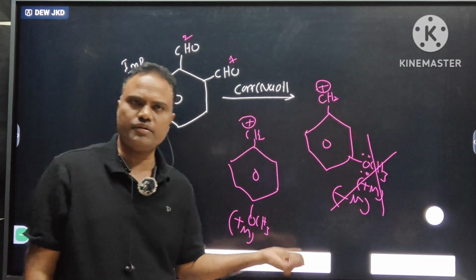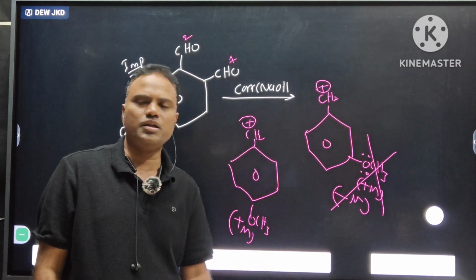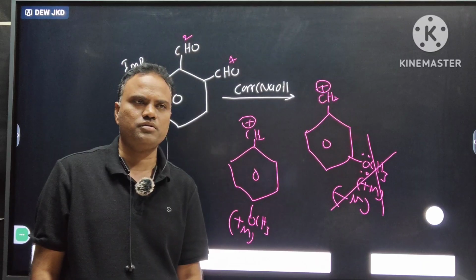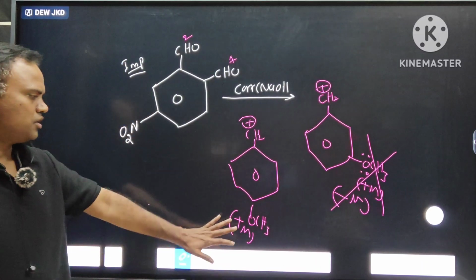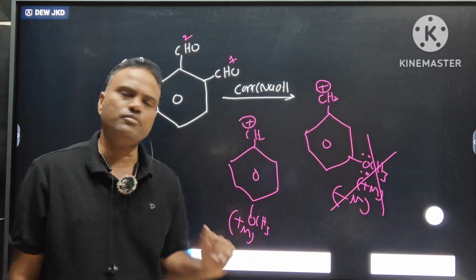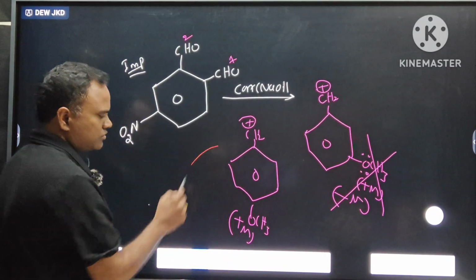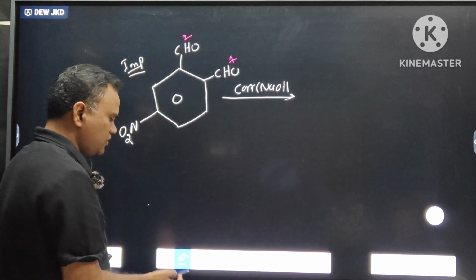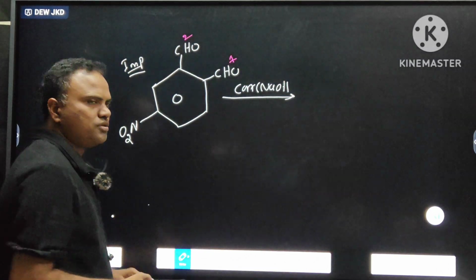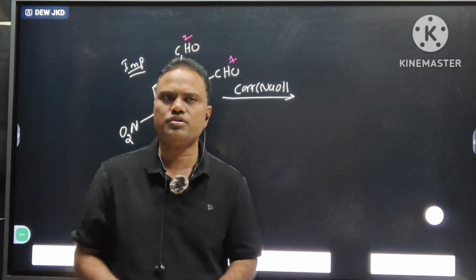In the resonance I gave this pointer: plus M and minus M effects do not work when they are present in the meta position. Here the plus M effect is present. Clear? Right. So resonance is very, very important, and I said already in the second year we use the resonance concept. First year resonance is important.